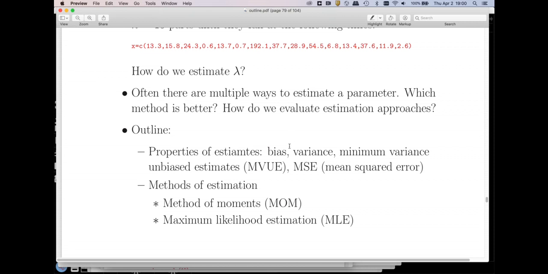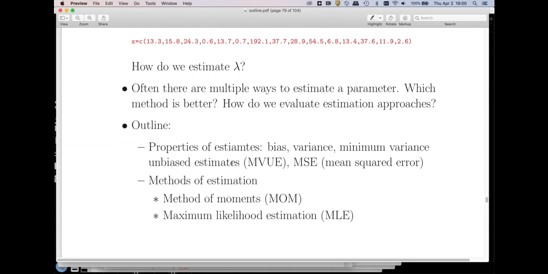And so we're going to discuss a lot of things that would be nice to have, like unbiased. What does unbiased mean? Minimum variance estimators. What does that mean? Minimum mean squared error estimators. What does that mean? Then we're going to move on and talk about different methods of estimation. And these methods of estimation will have certain properties that we discuss in this first section.